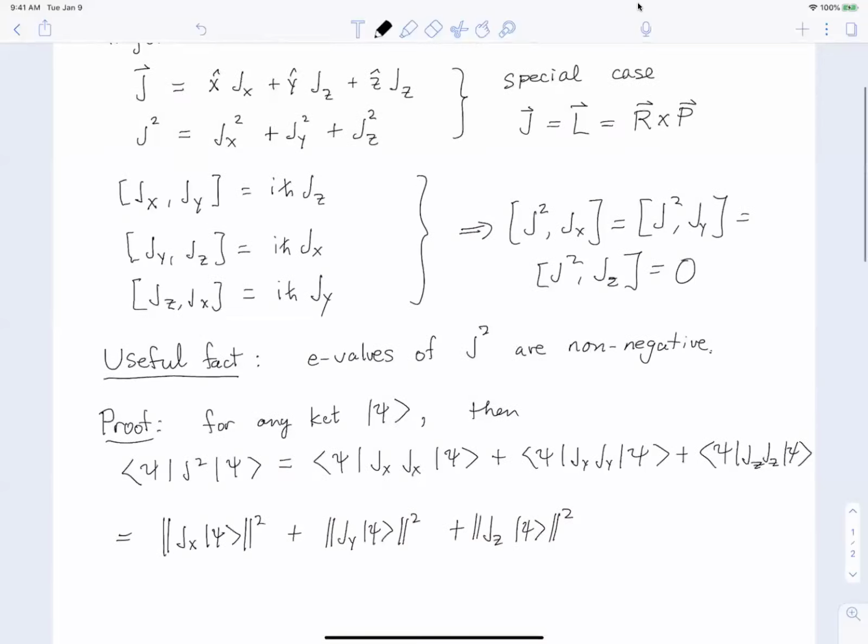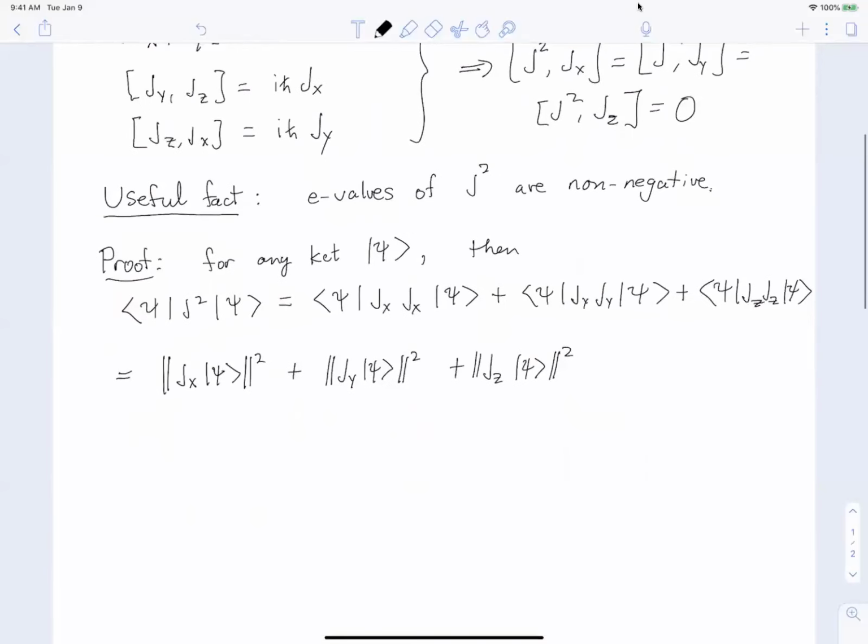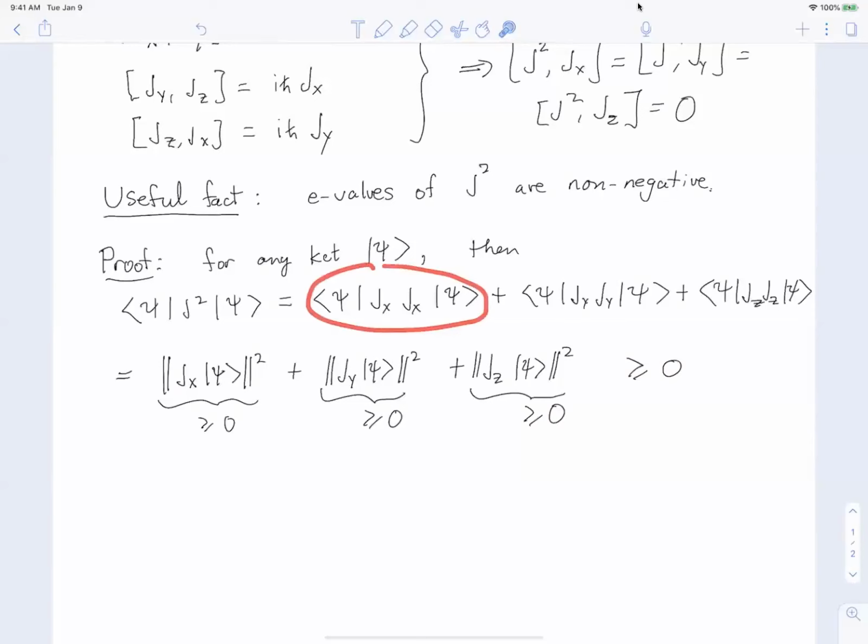The reason for doing that is because the definition of a norm is that it's always a non-negative real number. So this is greater than or equal to 0, this is greater than or equal to 0, and this is greater than or equal to 0. And so the whole thing is greater than or equal to 0. There was one tricky thing that I did here when I said that, for example, this was equal to the norm of Jx psi squared.